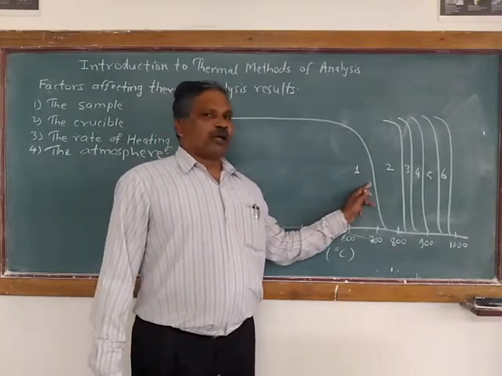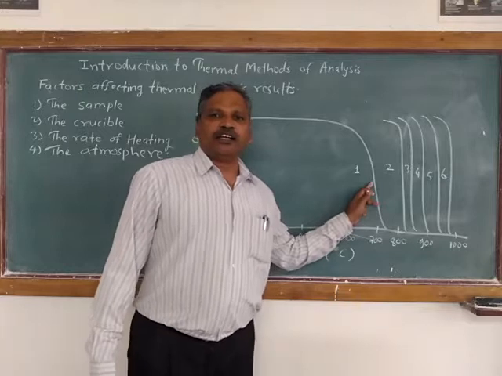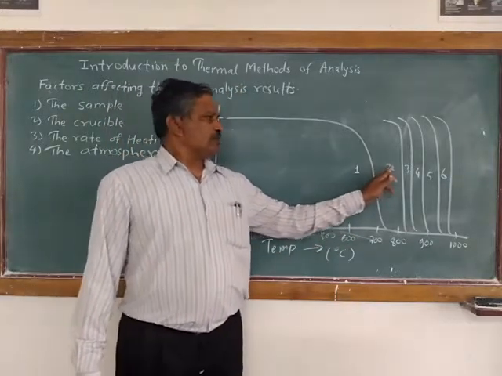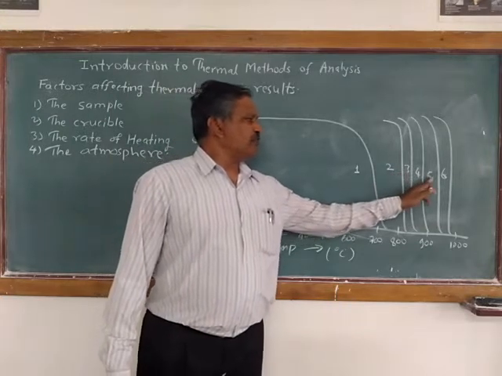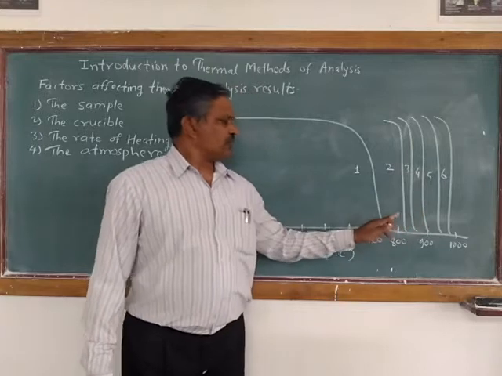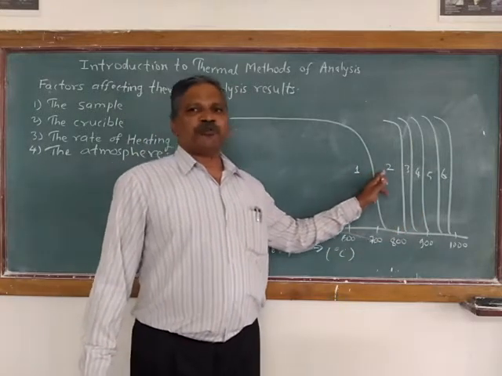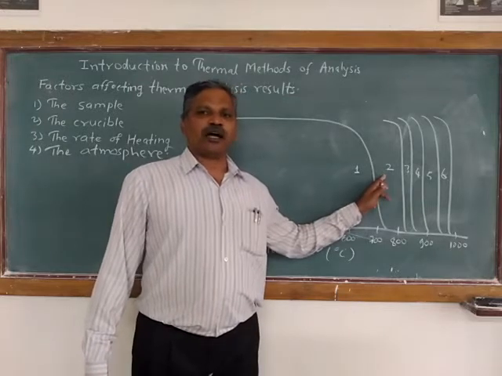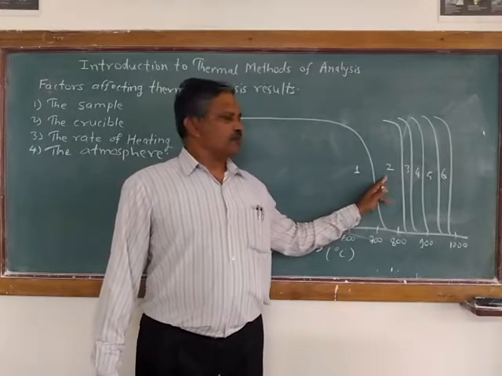The first curve is the decomposition of calcium carbonate at 1 atmospheric nitrogen pressure. The second, third, fourth and fifth curves are obtained in the decomposition of calcium carbonate in the presence of carbon dioxide and nitrogen.